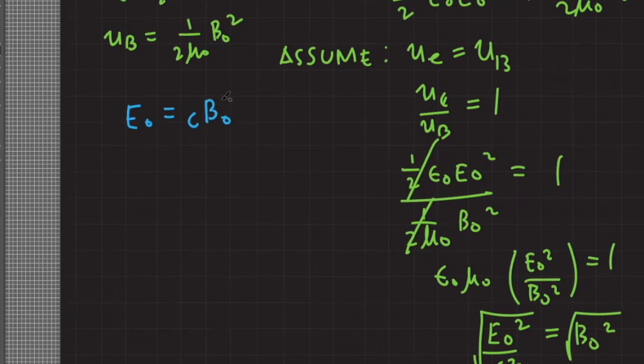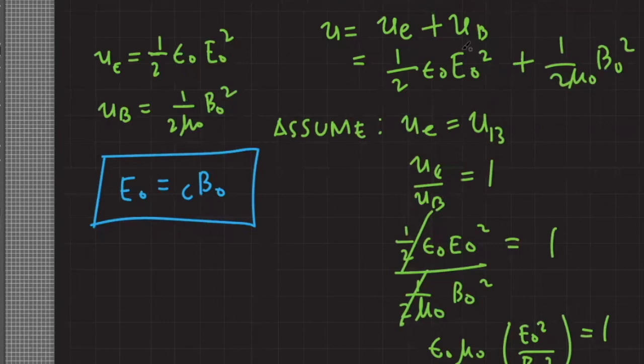We now have a relationship between the electric field amplitude and the magnetic field amplitude of an electromagnetic wave traveling in free space. I can replace E sub 0 here with this, and at the same time, I'll have another expression for the total energy density, and I can rewrite this as B sub 0 equals E sub 0 over C, and then plug it here. I'll have another expression for the total energy density of the electromagnetic wave.